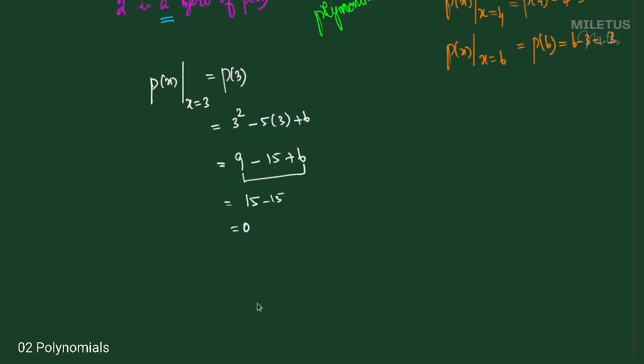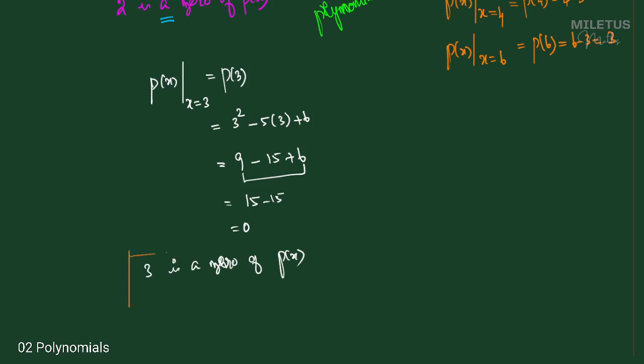Hopefully that's correct. What have we found here? At x equal to 3, the polynomial value is 0. That makes 3 a 0 of p of x.